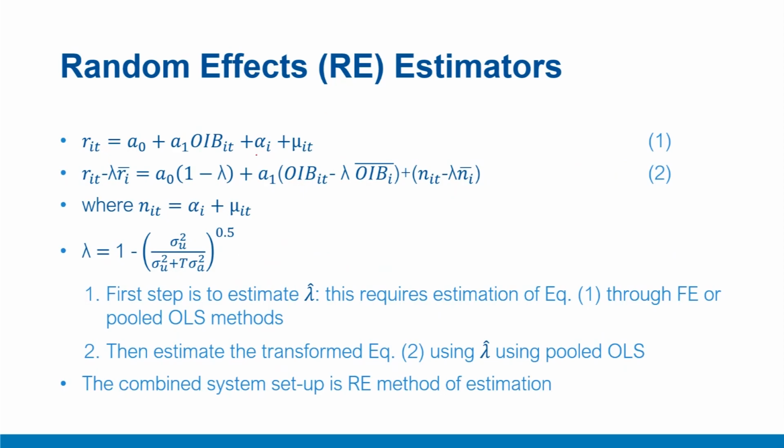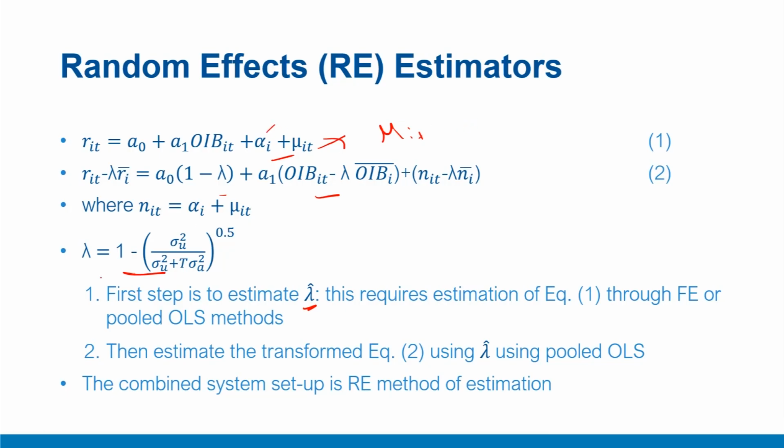The way to estimate the random effects model is to estimate this system of equations 1 and 2. However, the problem is that in the first stage it requires estimation of lambda, which is not directly observed, and therefore first you estimate equation 1 through fixed effect, first difference or OLS method. You need to estimate this so that you can find estimates of the error terms, as well as estimate the unobserved heterogeneity.